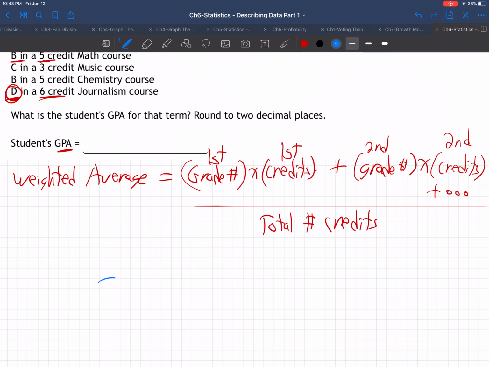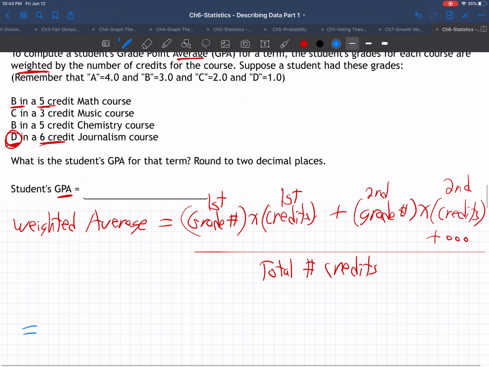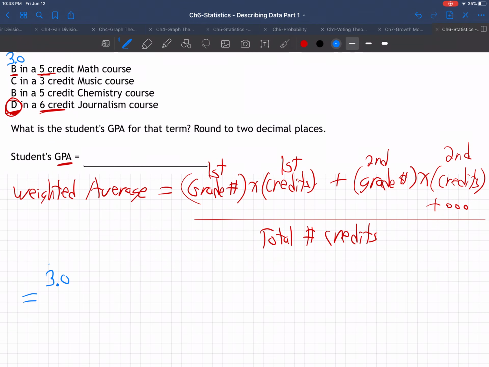Let's crank it out. It's going to be the first class, that's a B, and that's 3.0, so that's 3.0 times 5 units. Next, the C, 2.0 times 3 units, plus this B here, 3.0 times 5 units.